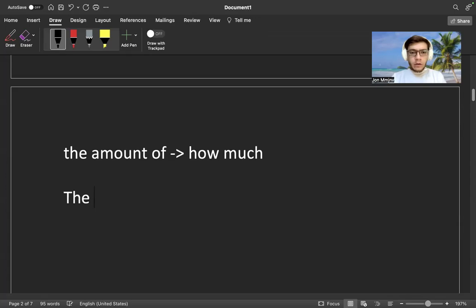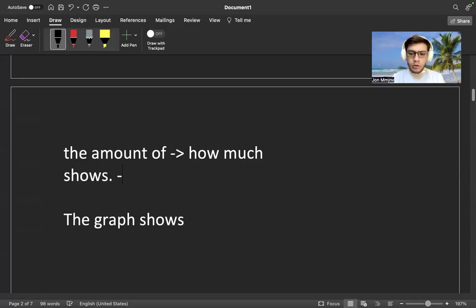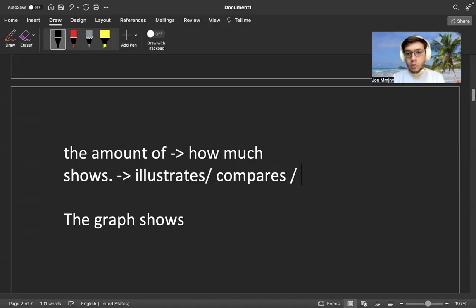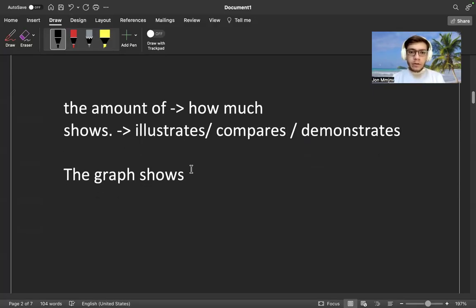For example, the graph shows. By the way, sorry, I forgot to mention, if you see shows, you can say illustrates, compares, or demonstrates. Okay, so these are the things you can use.